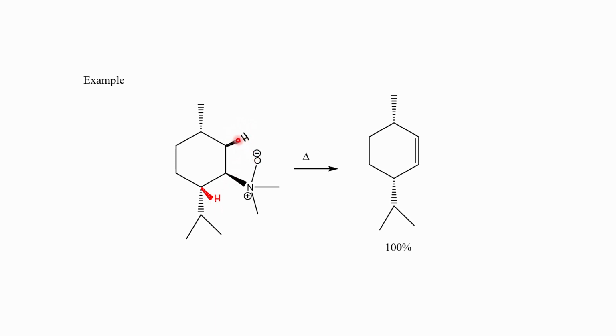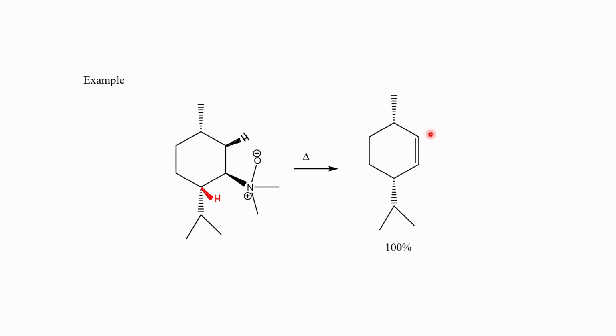If oxygen captures this proton, we will get this product. It is a less hindered proton. You know the Cope elimination reaction is regioselective, and hence we get the Hofmann product as the major product. It is 100% Hofmann product.